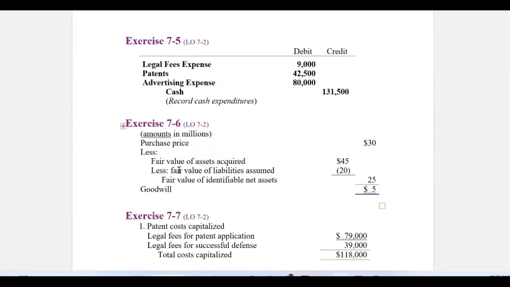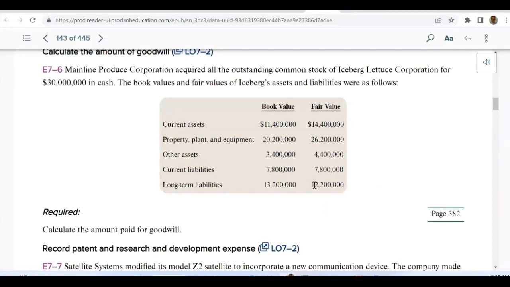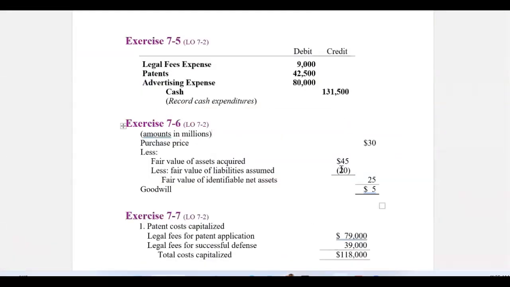And fair value of liabilities assumed. Fair value of liabilities assumed are 12.2 plus 7.8. That looks like 20 million. Yes, right there, 20 million.